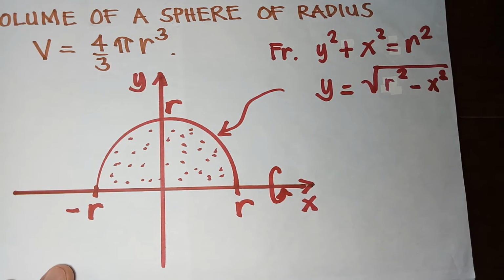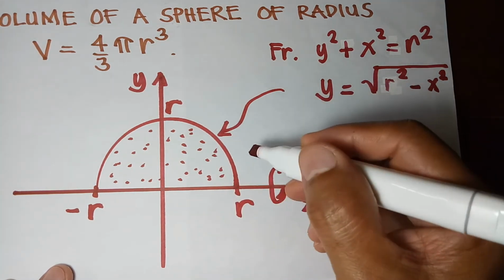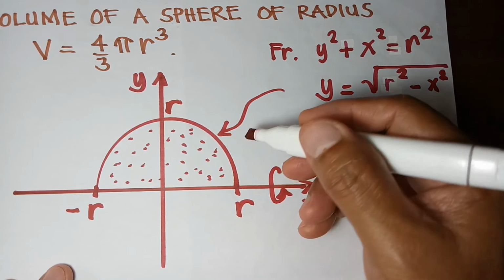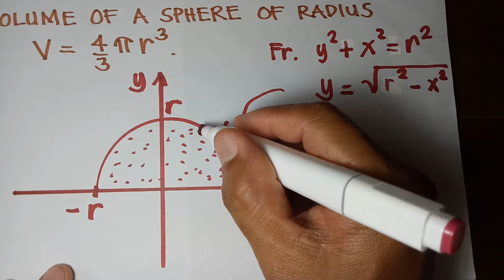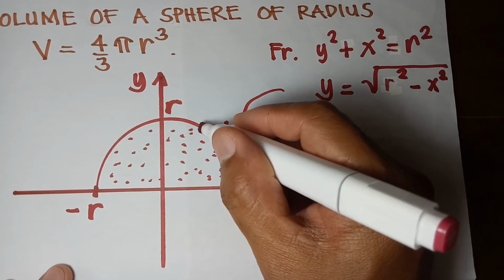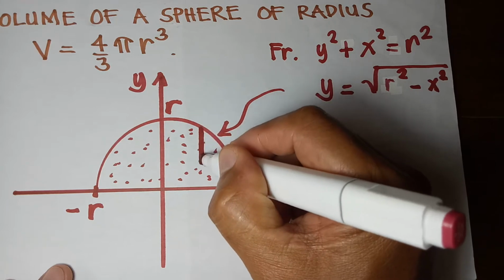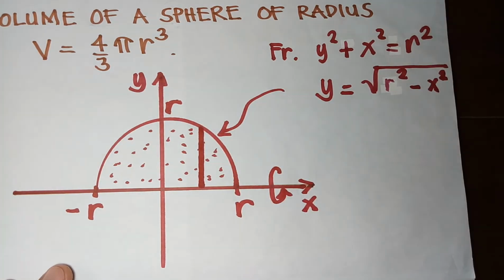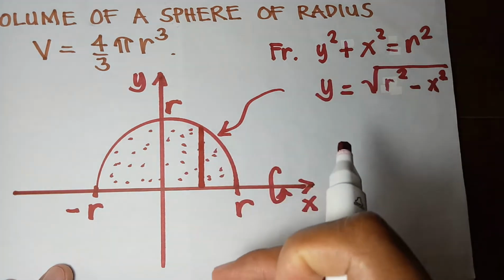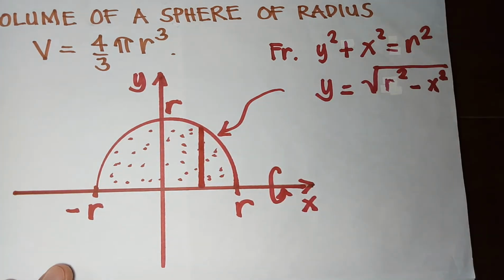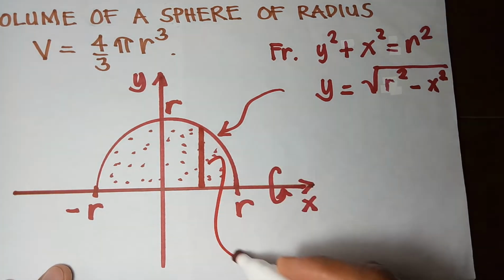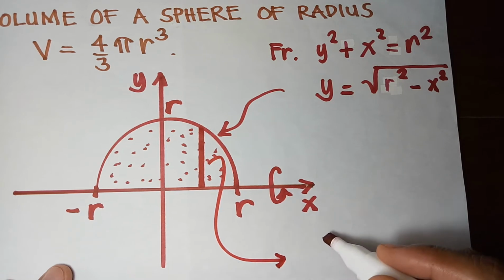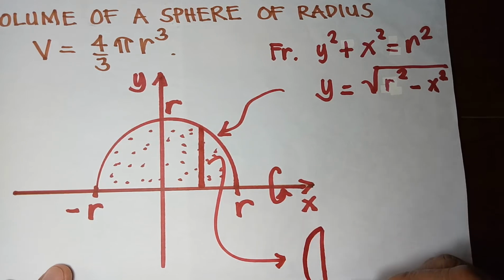So let us use the circular disk method to find the volume of this sphere. Let us draw a representative circular disk. So we draw here in this place. That line, when we rotate it about the x-axis, forms a circular disk. So when we rotate it like that, this is the figure that is formed.